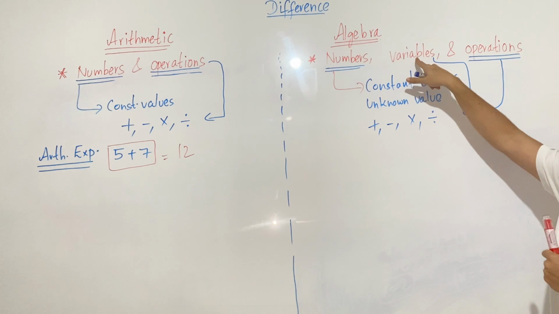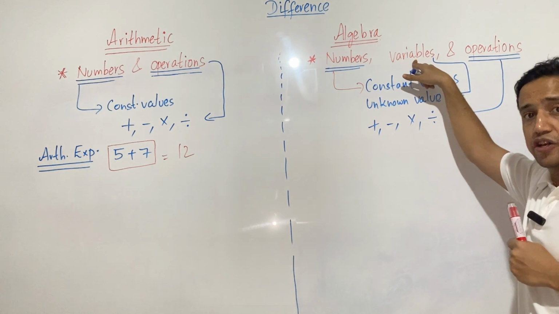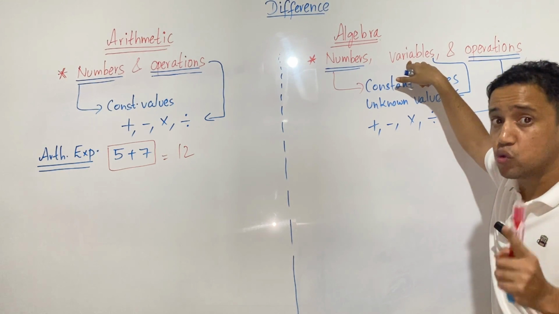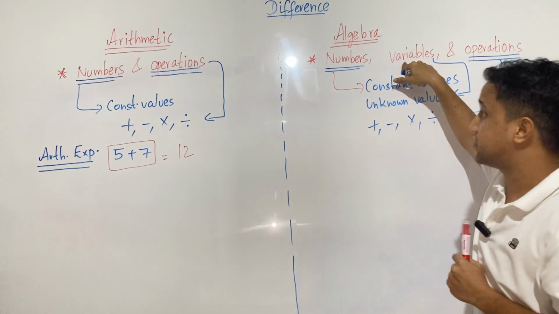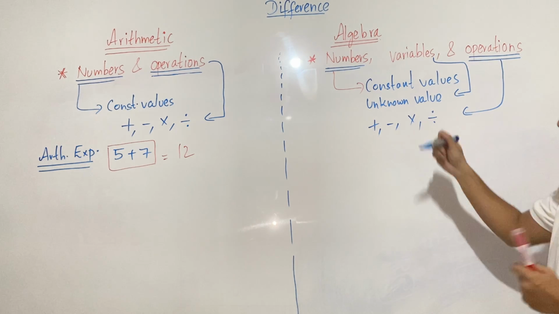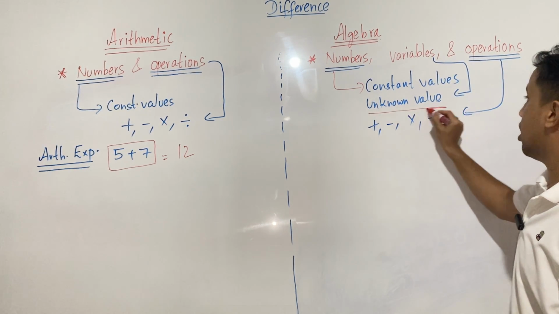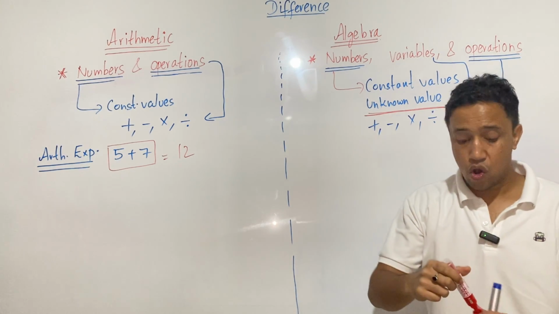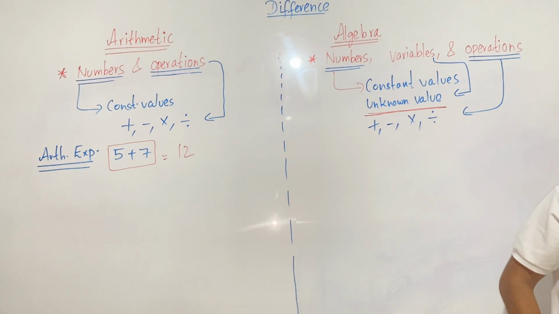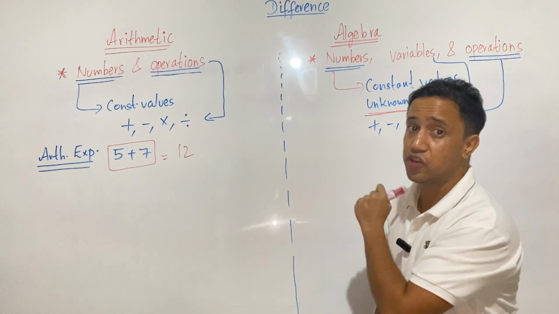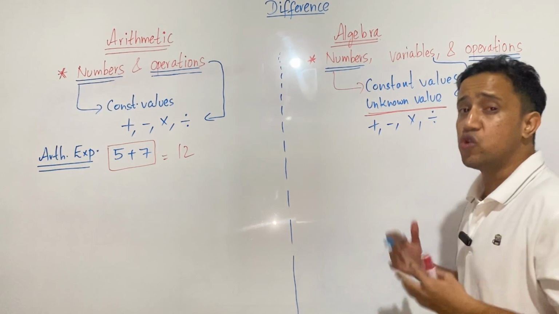Sometimes we also say that variables are the terms that have different numerical values, but the values are not known yet. That's why I said unknown value. Unknown value means as of now we don't know, and in algebra, the main target is to find the value of that variable. You will understand it.